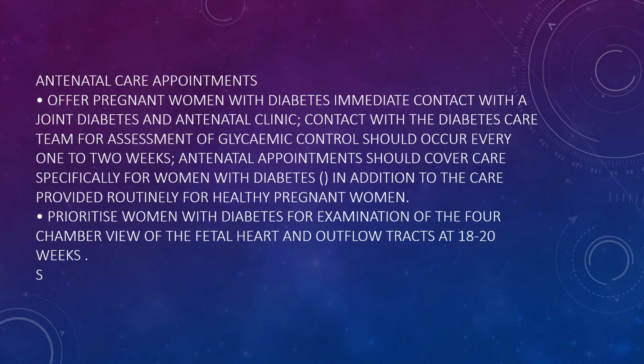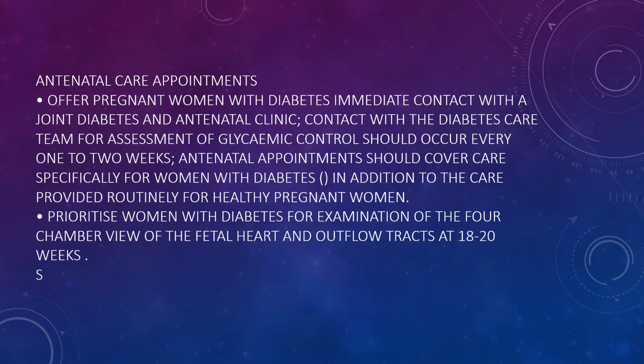What are the antenatal care appointments regarding diabetes? Offer pregnant women with diabetes immediate contact with the Joint Diabetic and Antenatal Clinic, and contact with the diabetes care team for assessment of glycemic control should occur every 1 to 2 weeks.